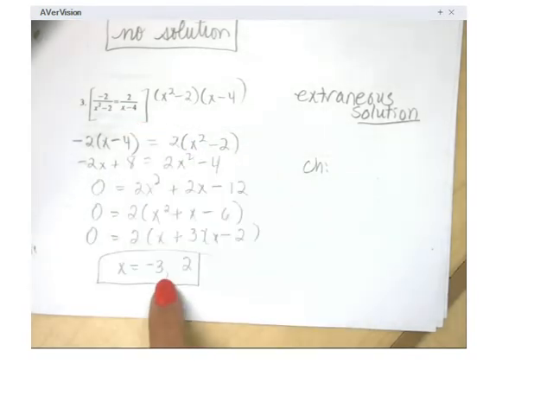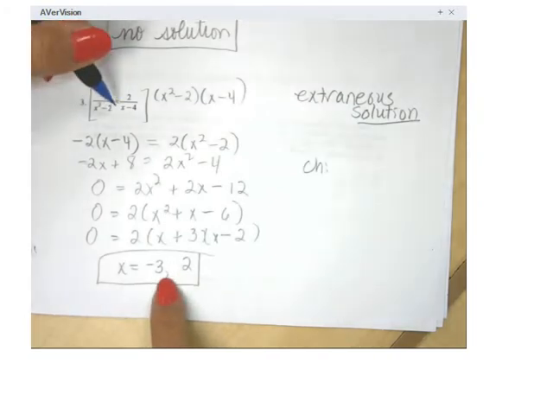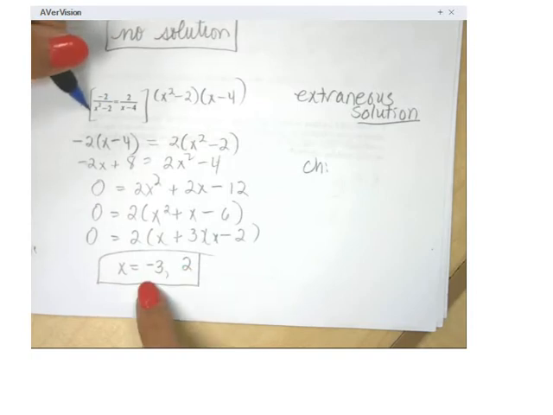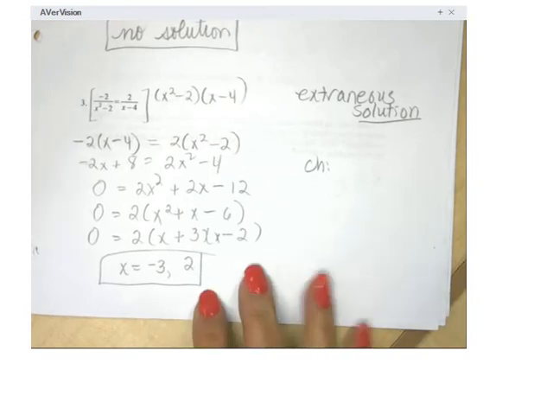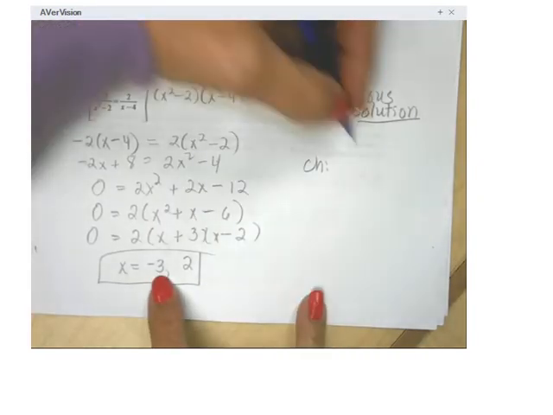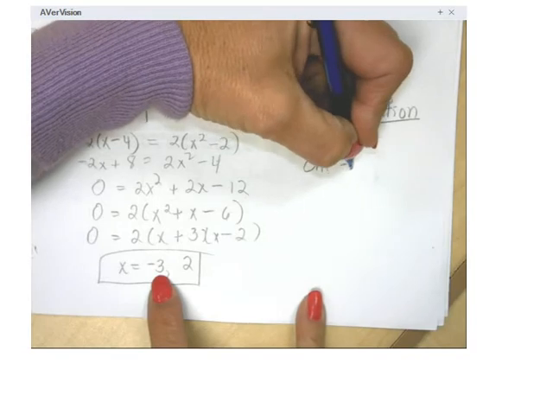Sometimes these numbers that we get here can cause our denominator to turn to 0 if we plug them in. Now, we don't have one that turns to 0. So neither one of these should be extraneous. Again, if one of these had come up a 4 or a square root of 2 or negative square root of 2, then those would be values that if I plugged them back into the original, they would not work.